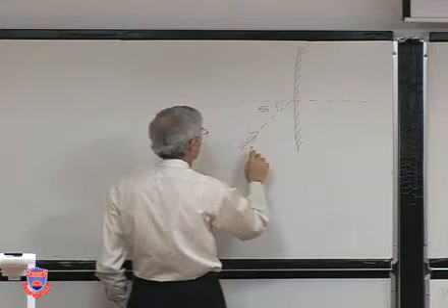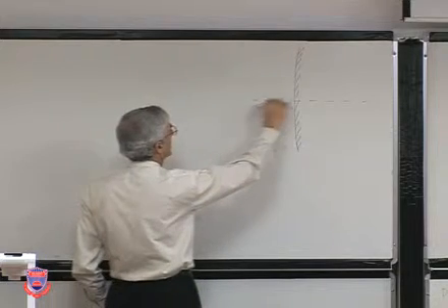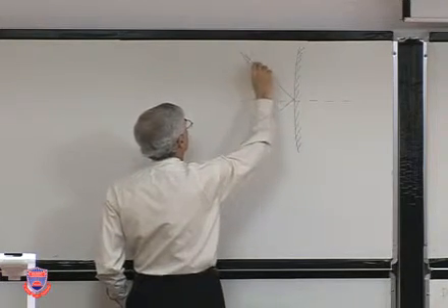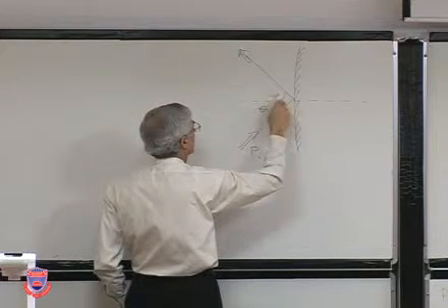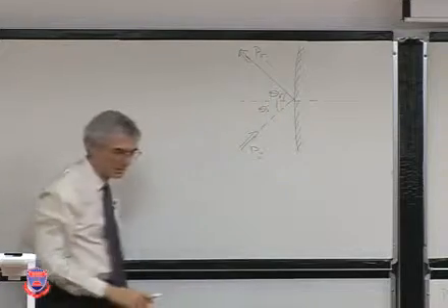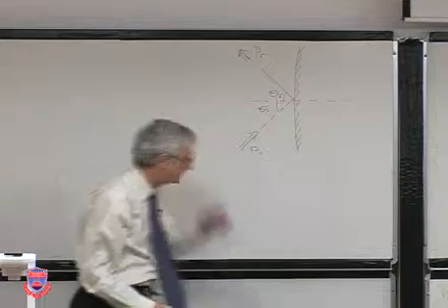An incident pressure wave is making an angle, incident angle, theta I, and it reflects at an angle theta R.